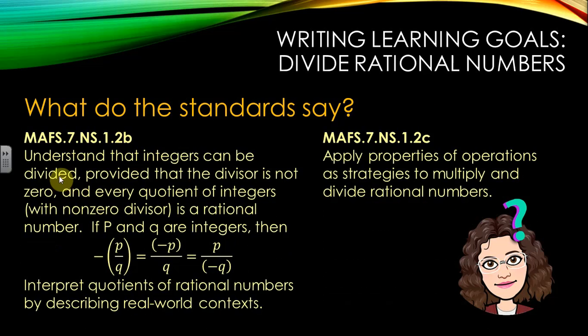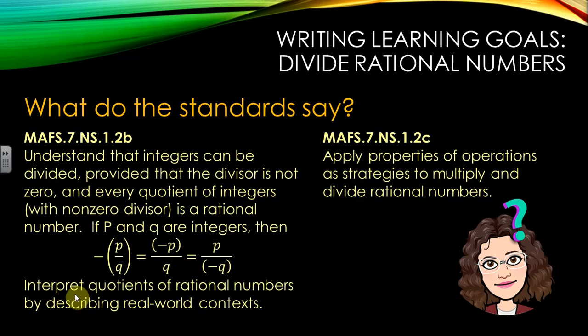7.NS.1.2b states that students will understand that integers can be divided, provided that the divisor is not 0, and every quotient of integers with non-zero divisor is a rational number. And if p and q are integers, then we have negative p over q equals negative p in the numerator over q, equals p over negative q.